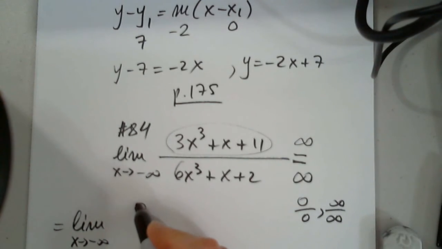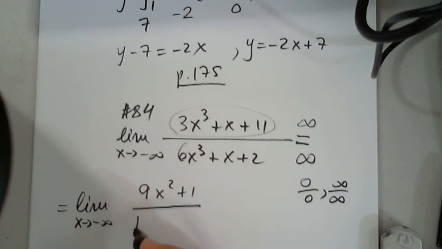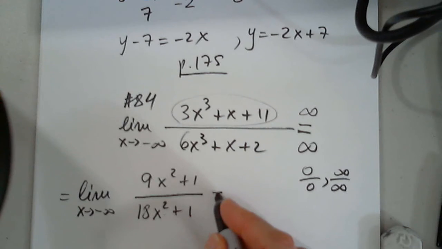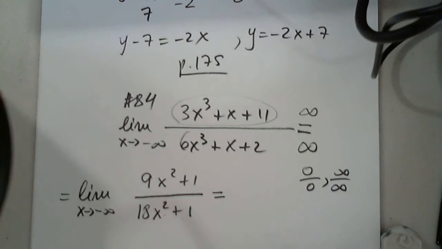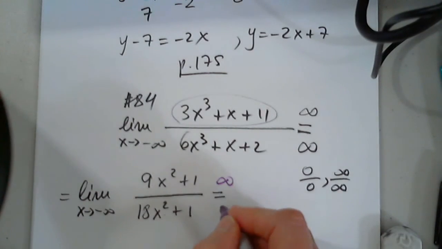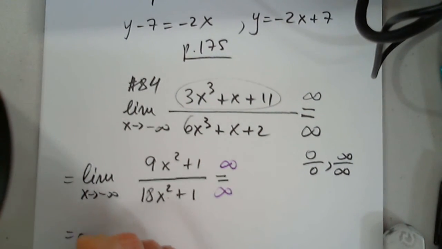We differentiate the top and we get 9x squared plus 1. Differentiate the denominator, we get 18x squared plus 1. We plug it in. Where does the top go again? Very good, both of them. So I continue with the same rule.